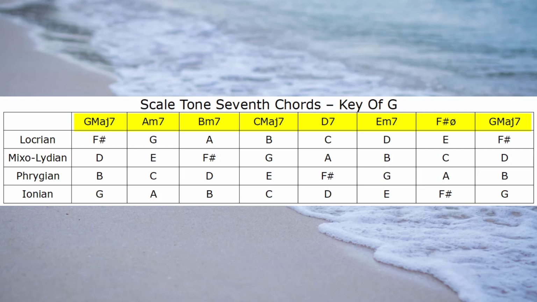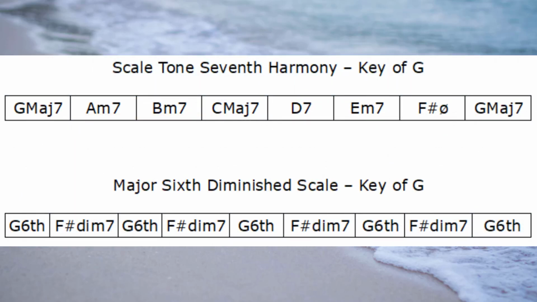And the result of all this, as you can see on the screen, is that you end up with a different set of chords than we previously did when we harmonized the major 6th diminished scale. So ultimately, it's to give us a different set of colors, an optional way of framing our melody.